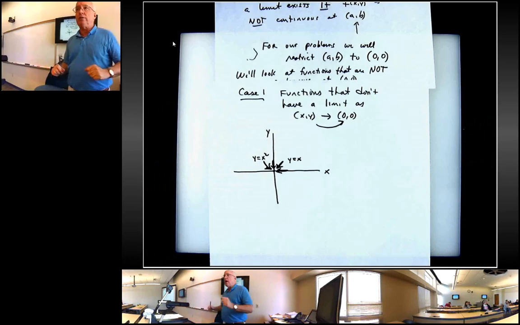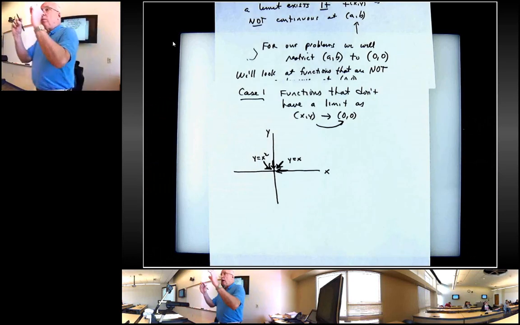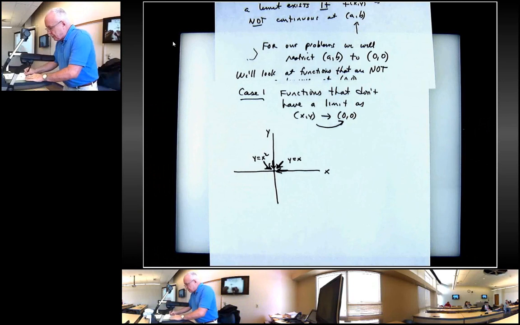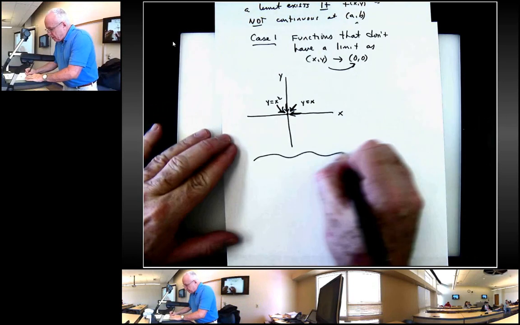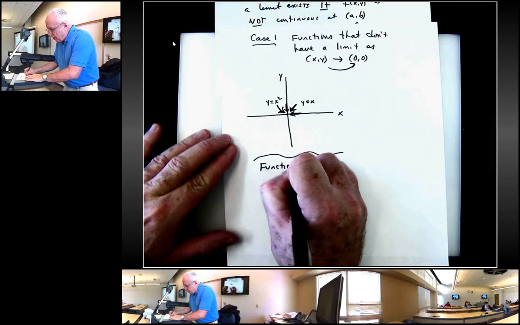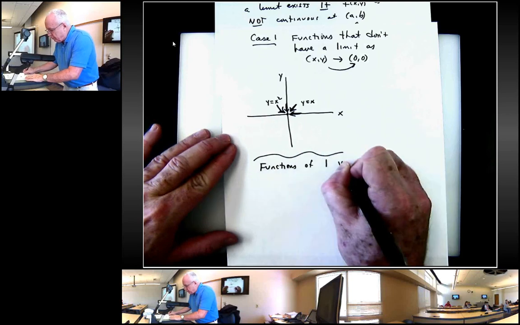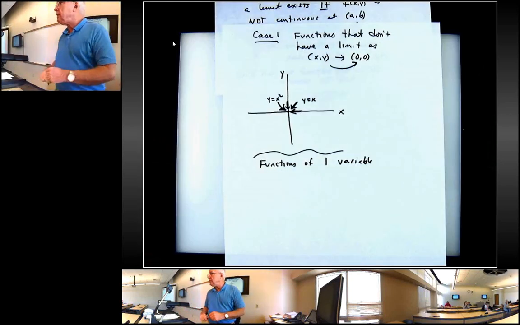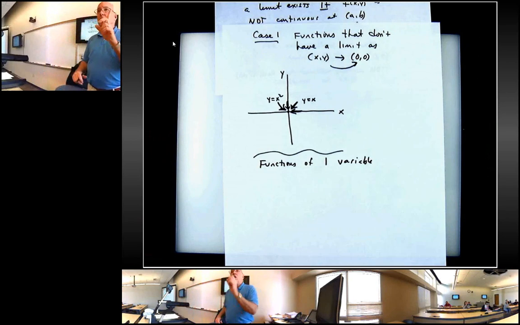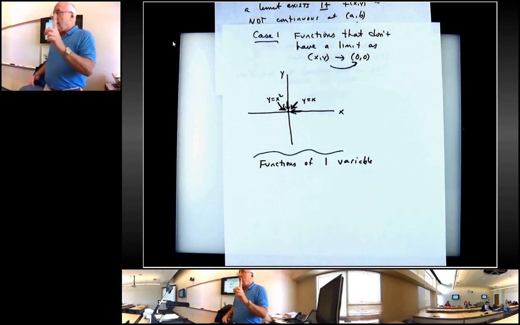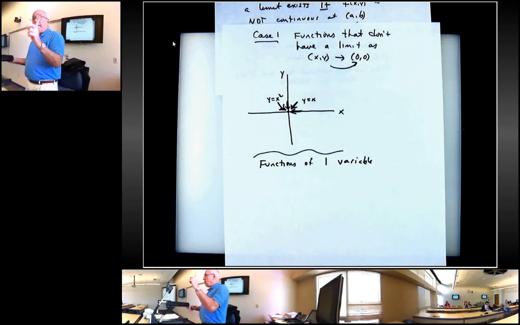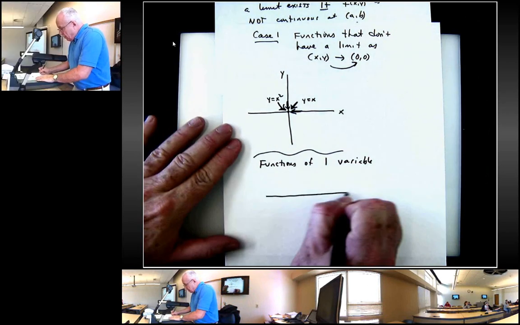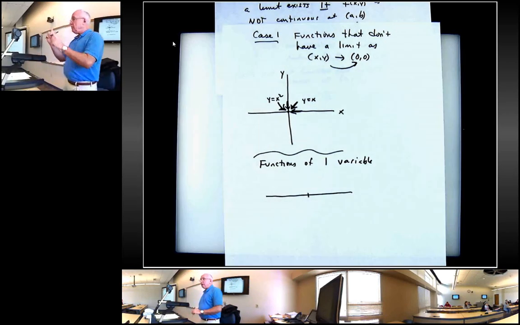All kinds of ways. Let's take a detour for a second. You talked about continuity and limits of functions of one variable. They are only defined on, say, an x, so we look at a one-dimensional number line.